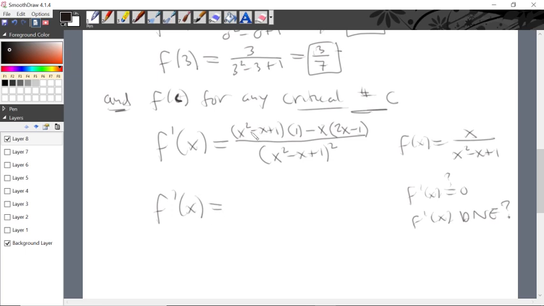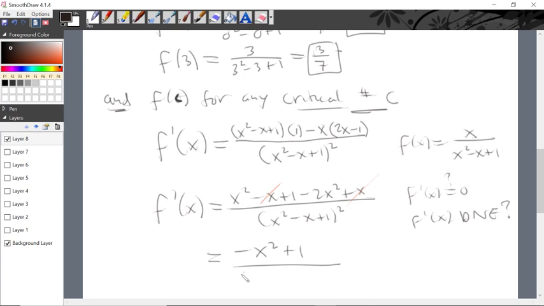The numerator is x squared minus x plus 1 minus 2x squared plus x, and the denominator is x squared minus x plus 1 squared. x squared minus 2x squared is negative x squared. Negative x plus x cancel each other out, and then we have plus 1. In the denominator, we have x squared minus x plus 1 quantity squared. Here's our f prime of x.